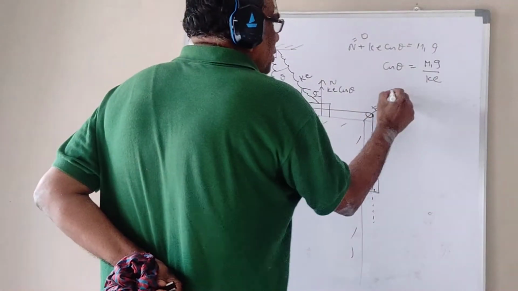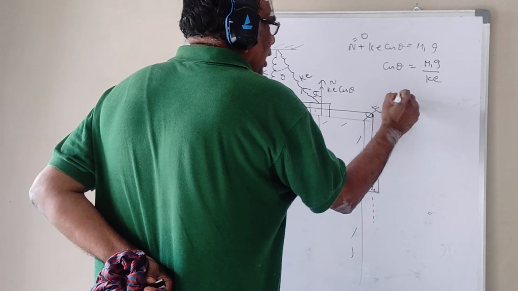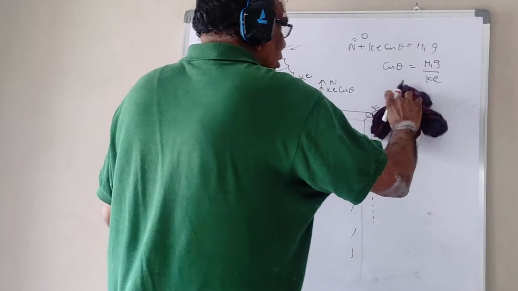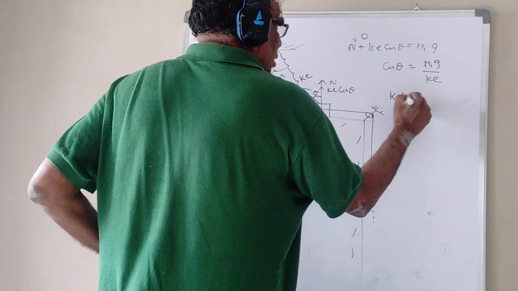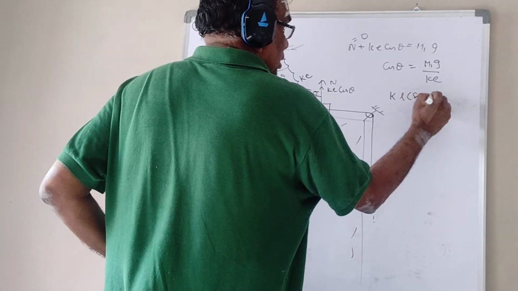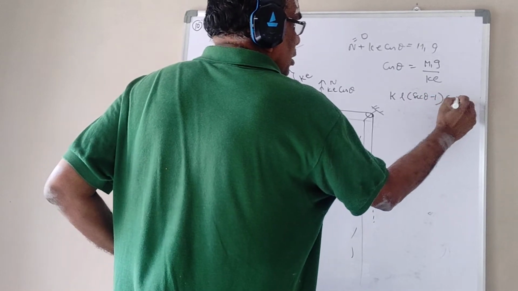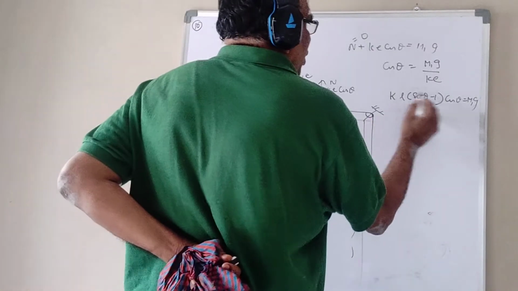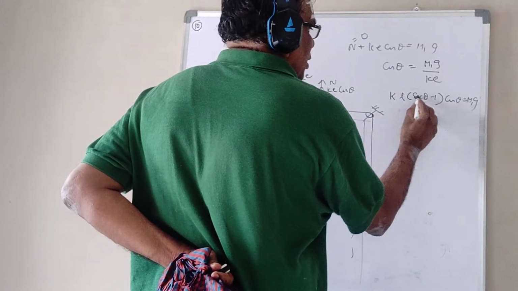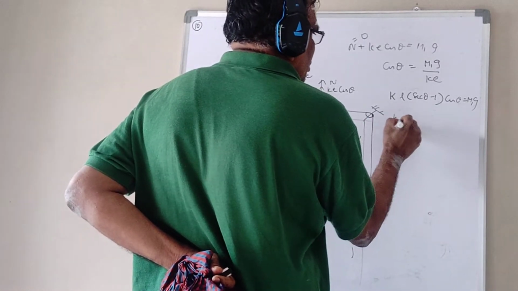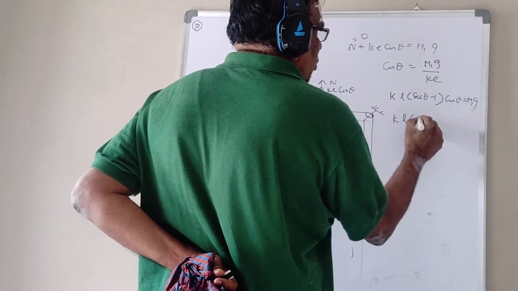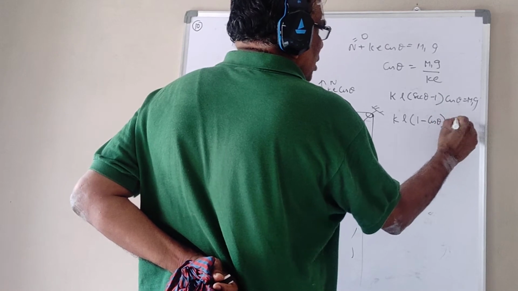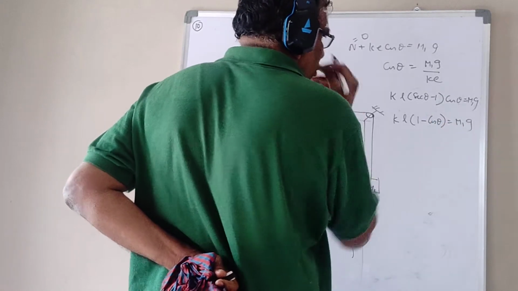If I substitute K, E, what is E? L sec theta minus 1 into cos theta is m1g. If I expand the secant theta cos theta, that becomes kL into 1 minus cos theta is equal to m1g.